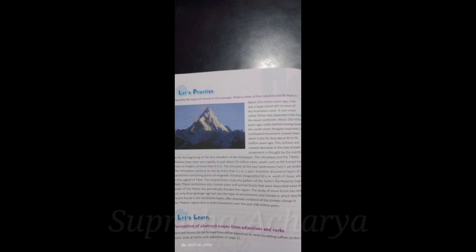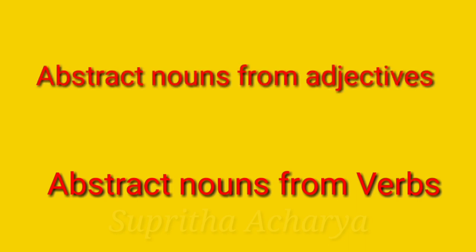Okay. Students, let us learn formation of abstract nouns from adjectives and verbs. Let me explain about abstract nouns from adjectives. Abstract nouns can be formed by adding suffixes such as ness, ity, dom. So, we add the suffixes to adjectives to form abstract nouns.